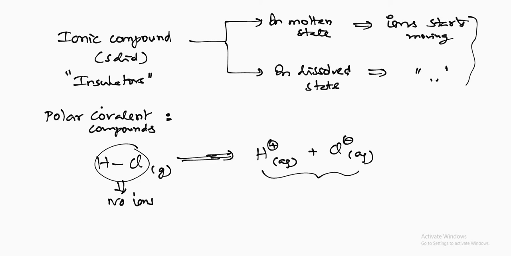Because the moment you pass this gas through water, they produce ions. So this is the point that I like to say here: electrolyte can be an ionic compound, can also be a covalent compound. The main requirement is that they should produce ions. That's all. Right? Next.